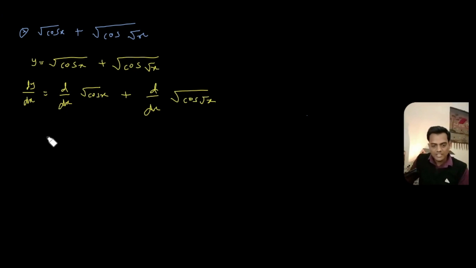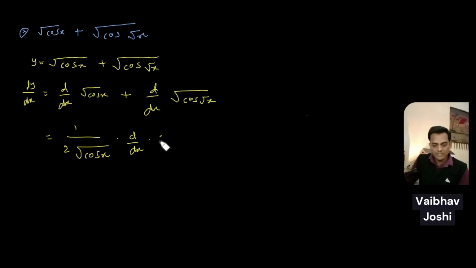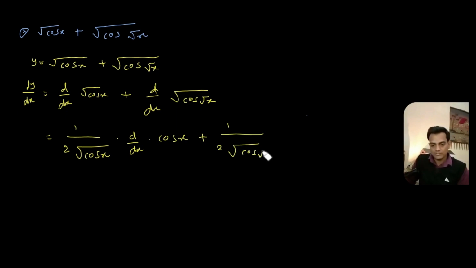So this is equal to 1 upon 2 and then the square root of cos of x, and then we have to calculate the derivative of the second term, multiplication, derivative of the second function, derivative of the square root, 1 upon 2 square root of that particular term, and then I have to take the derivative of cos of square root into its multiplication. Now it will be the complete solution for our expression.